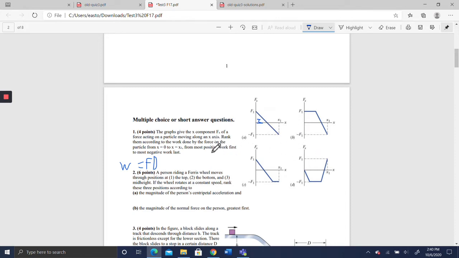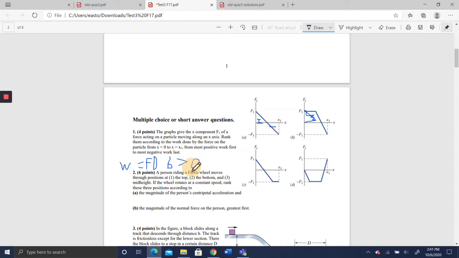Now, they don't exactly give you any values to work with here, but you can typically tell that this area here is more than this area, so we know that B is going to be greater than A. Also, judging by the rest of these, you can typically tell that B is going to have the largest positive area, so B is going to be the largest, followed then by A, because A seems to be evenly split between the positive and negative.